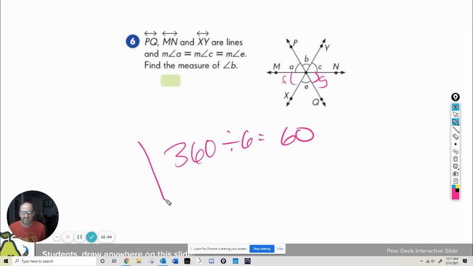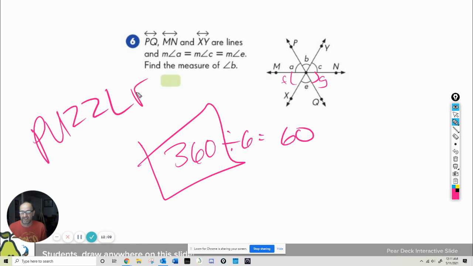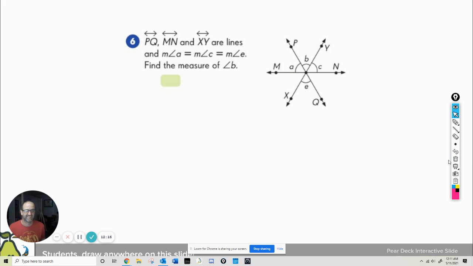Math's not hard. This is the biggest number we're using all day. It's puzzles. That's all it is. Logic puzzles. It's so mean and glorious.